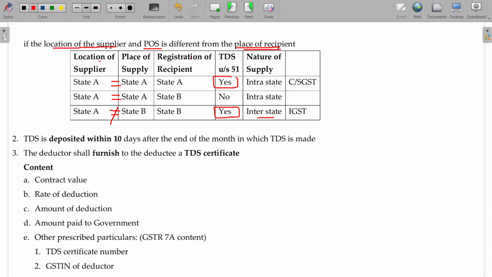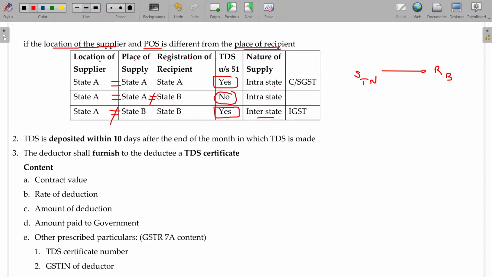But where the place of supply and registration of recipient place are different, then TDS under section 51 is not applicable. To make you understand, supplier being in Tamil Nadu, recipient being in Bangalore. Now what is the place of supply?